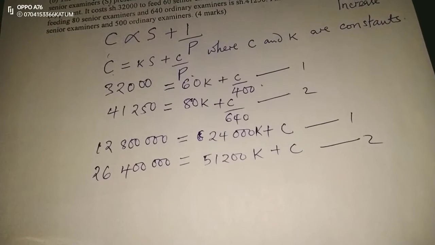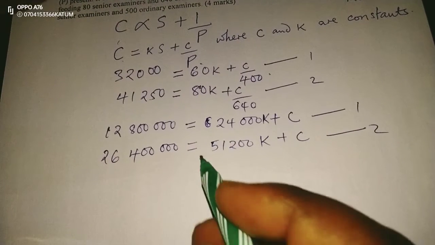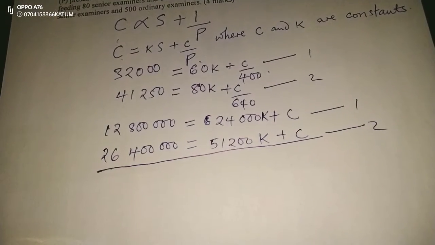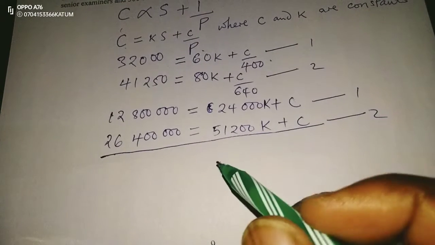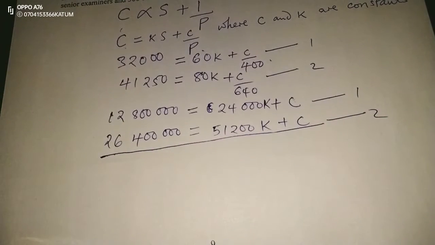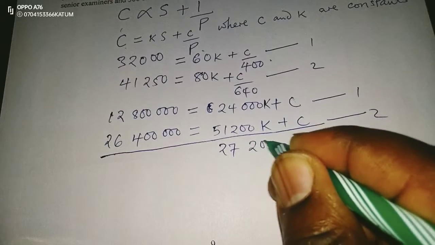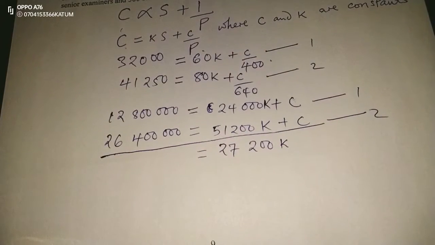Now that the coefficients of C are just the same, we can directly subtract to eliminate C. That means we can subtract upwards, the value of C disappears, and 51,200 minus 24,000 becomes 27,200 K.